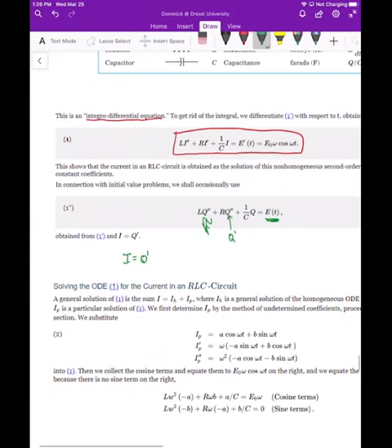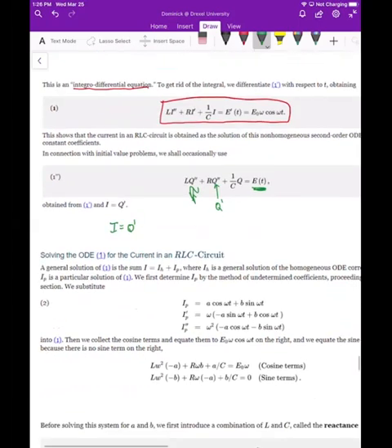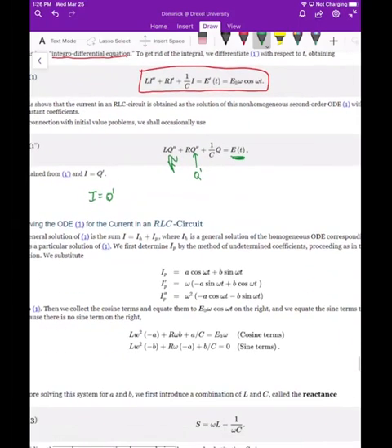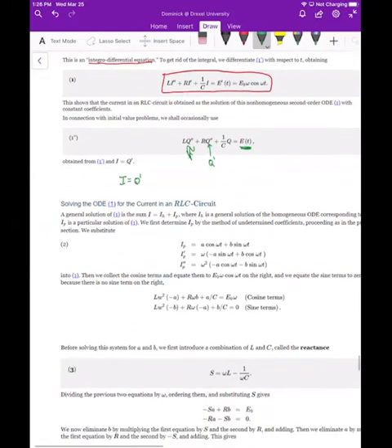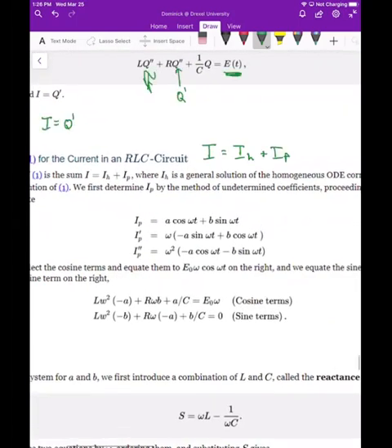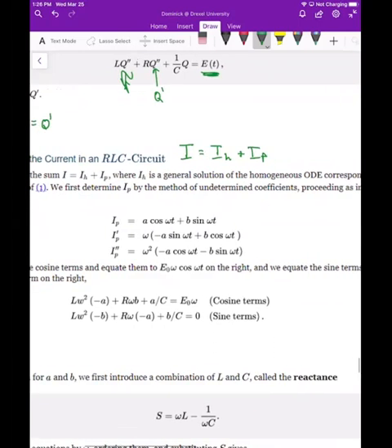Okay, but anyway, to solve this, again we have a non-homogeneous second order ODE, so your general solution is a combination of the homogeneous solution and the particular solution, right? To find the solution for this, we can use the method of undetermined coefficients.